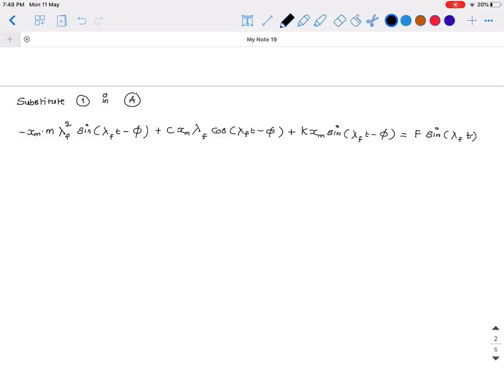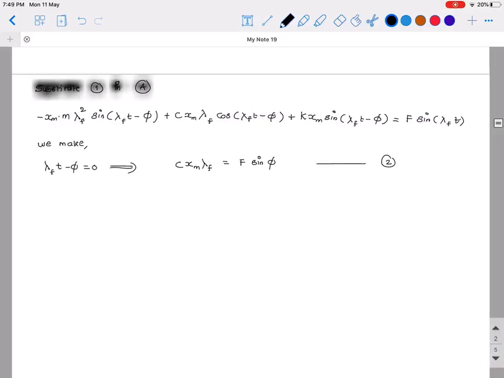Okay, so now we make lambda f t minus phi to be 0. In this case both the sine terms get cancelled, and what we get is c xm lambda f is equal to F sine phi. Okay, let us say this is equation 2.